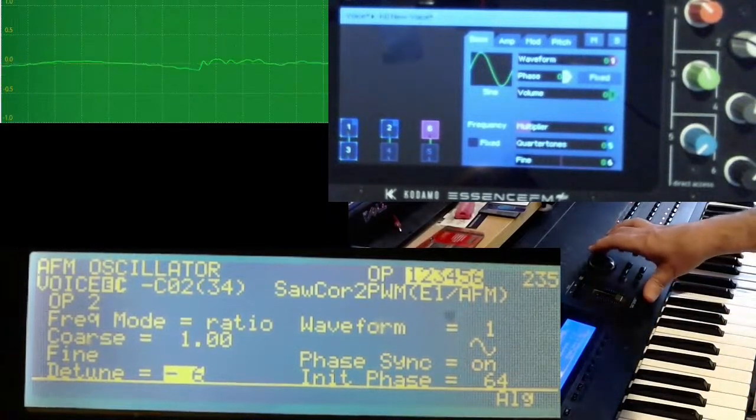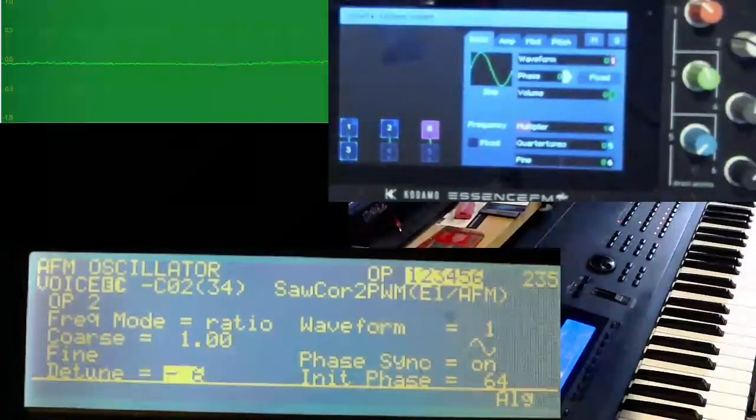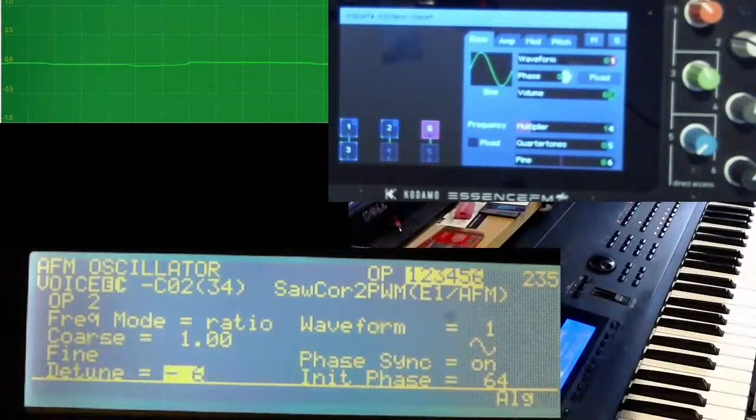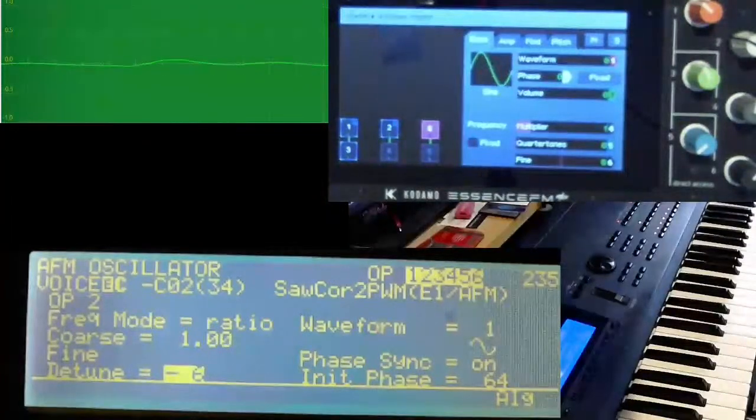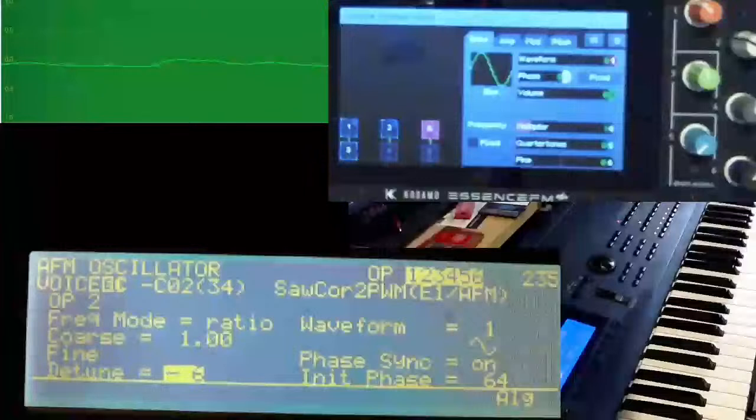So now, as mentioned, we've got pulse width modulation going on. Now, this is a very, very basic type of pulse modulation because you are essentially only going from square wave to some narrow phase of 0 and back out. So you're going square wave to thin.